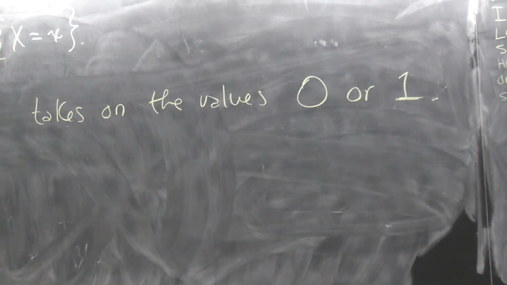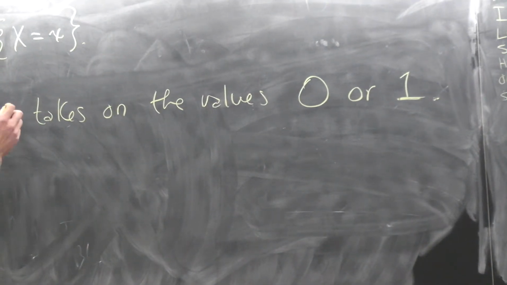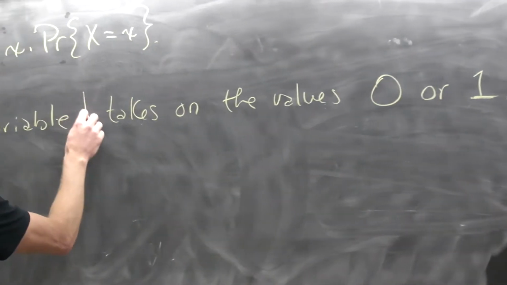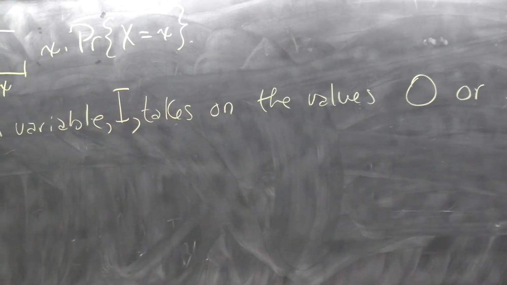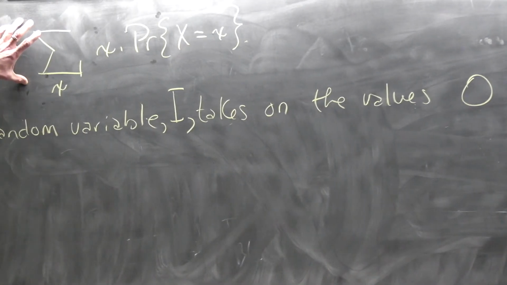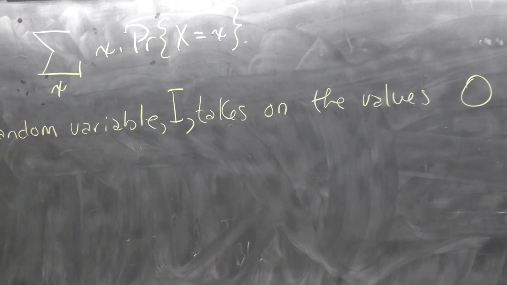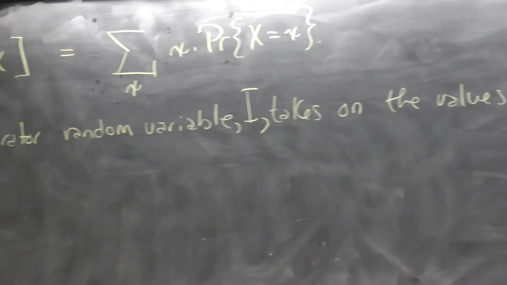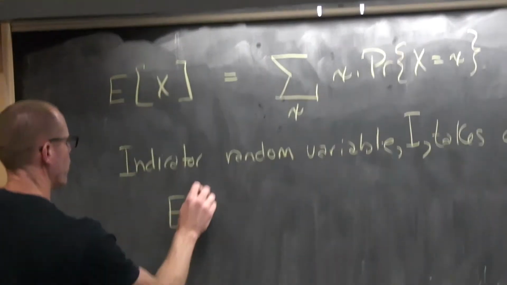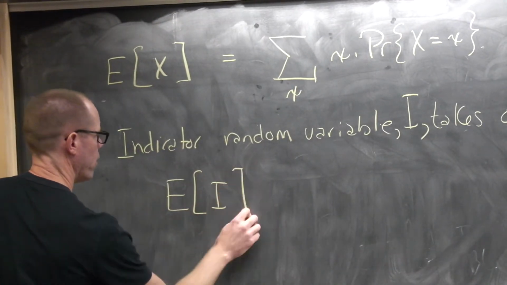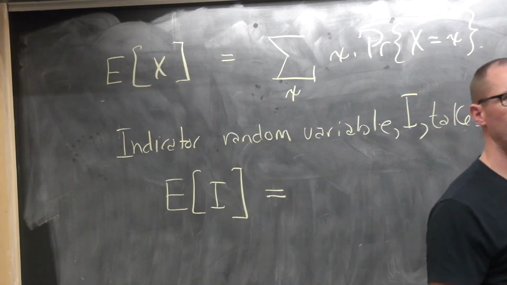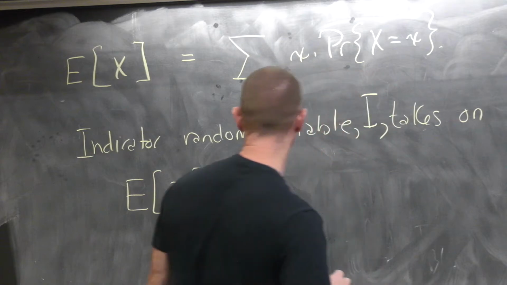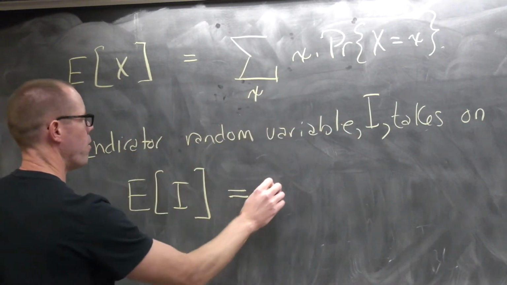So if we say that, let's say, I is an indicator random variable, then we can apply this formula, which is the sum over all the possible values that I can take on to get the expected value of I. So I can either be 0 or it can be 1. So this sum has two terms.